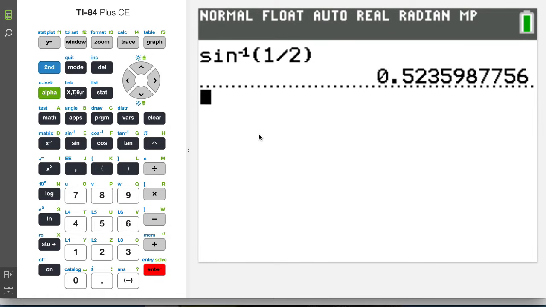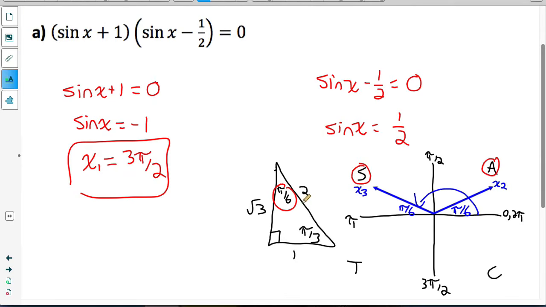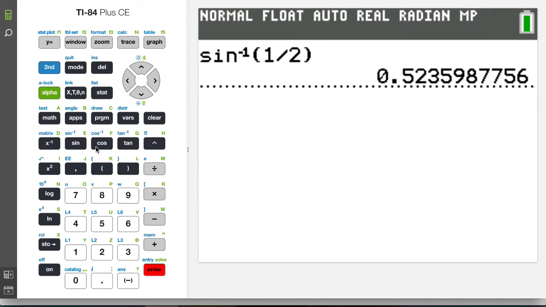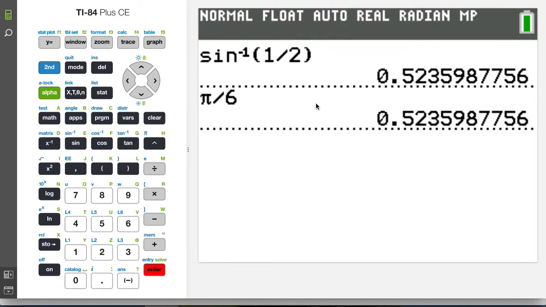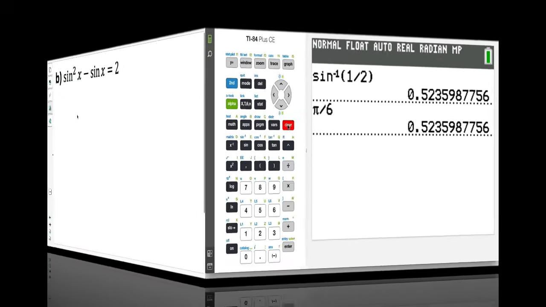But we can do better than that, right? We can get the exact answer from our special triangle. We got pi over 6, right? Pi over 6 is the exact value of that decimal. See how they're equivalent? So we want to be able to express it as an exact value, so we use our special triangles when we can. If we can't use our special triangles because the ratio isn't in a special triangle, then you go ahead and do inverse trig ratios to get an approximate answer.